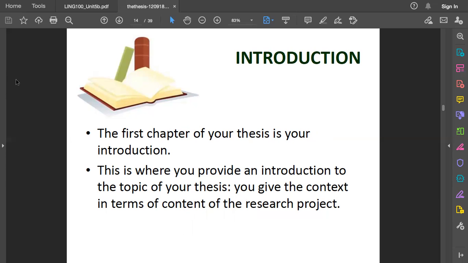Say for example, my thesis for masters, my title was developing an infographic making module to teach digital writing among the first year students of education, English major.